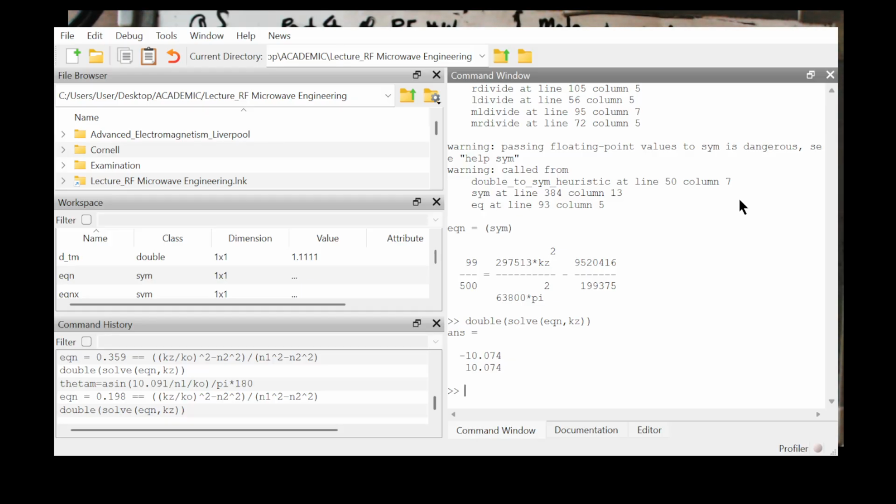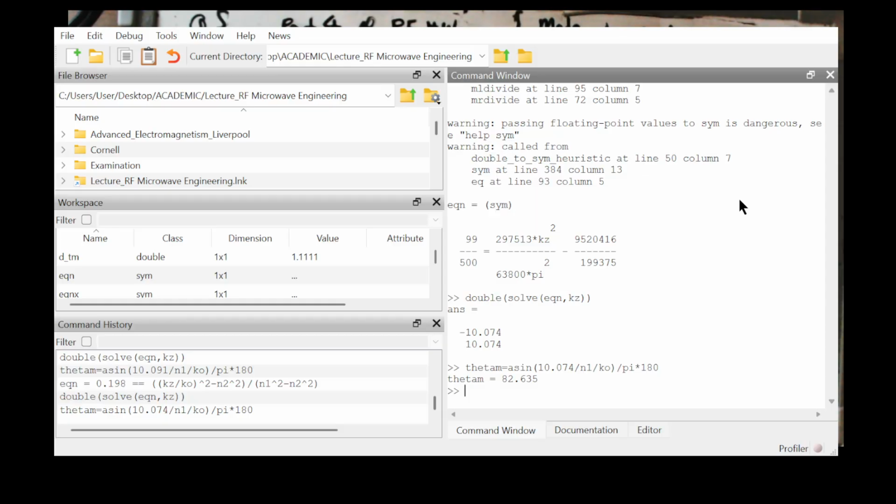And from here, I can work out the incident angle corresponding to this mode. Is 82.64.